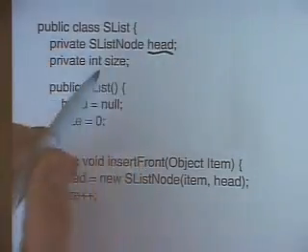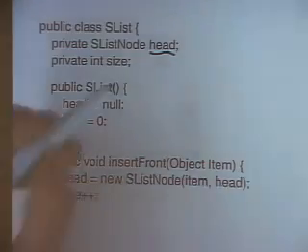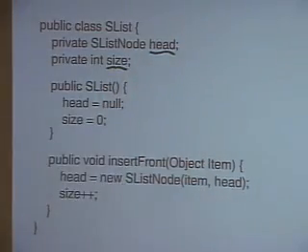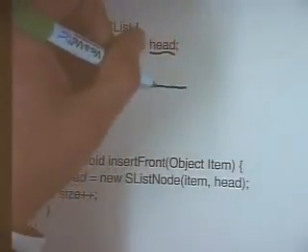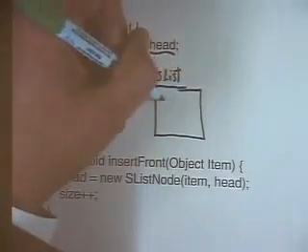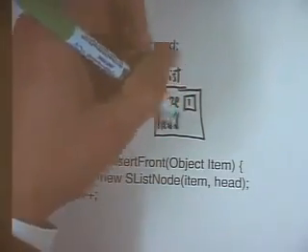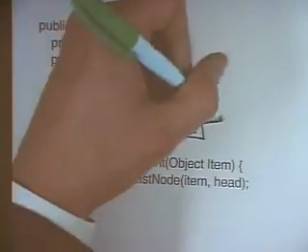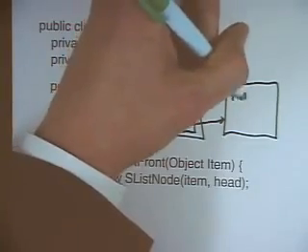Every SList has a head, which is the first item in the list, and it also, just for convenience, keeps track of the size of the list, which is the number of items in my shopping list. And so a typical list would look like this. Here's an SList object. It keeps track of its size. And it keeps track of its head, which is the first item in the list, which is an SListNode, just like what we had before.